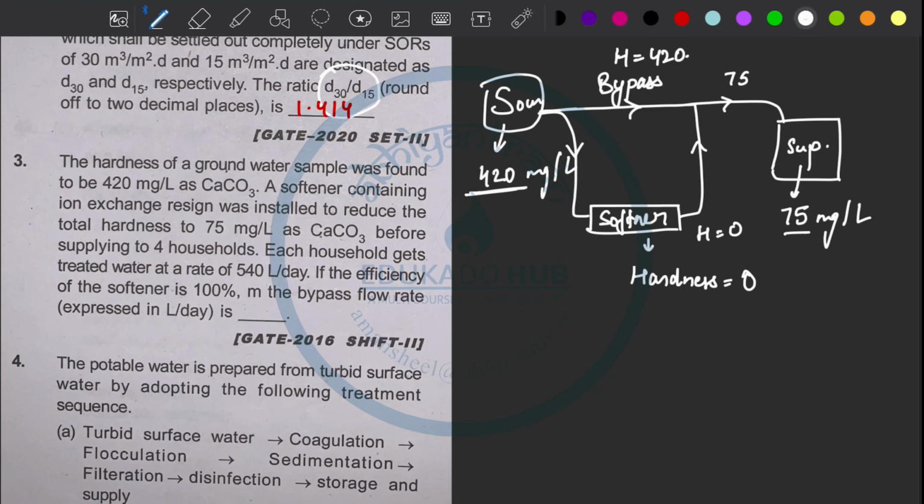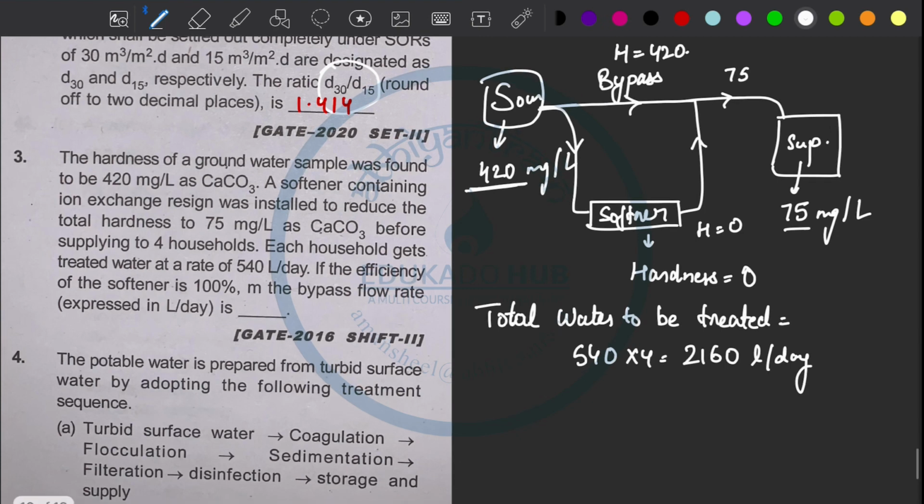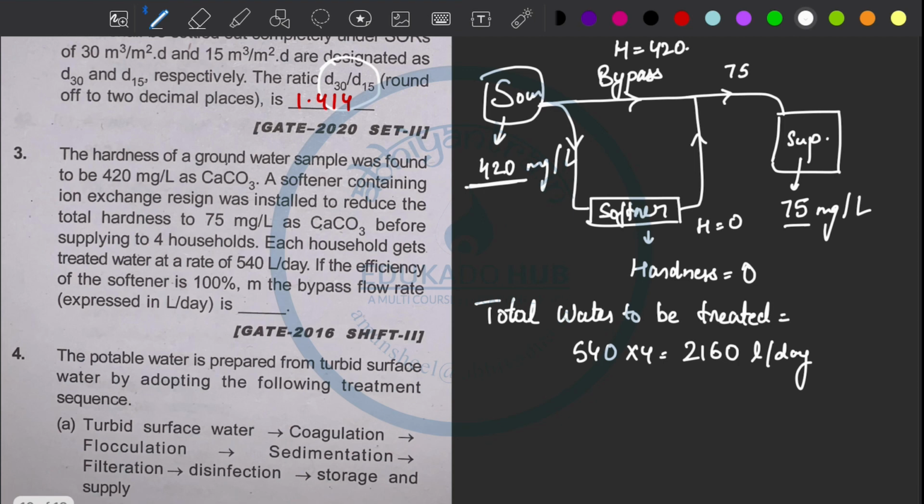So the total water to be treated is 540 into 4, that is 2160 liter per day, right? And the resultant hardness required is 75 milligram per liter.